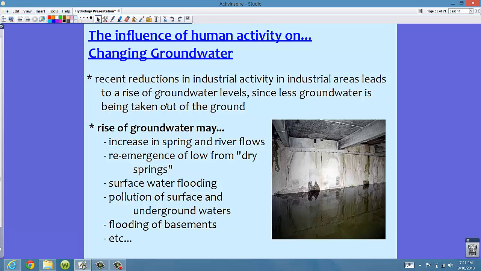It's great that the groundwater stores in these areas are rising, but there's an increase in the spring and river flows around these areas. Perhaps these were already dried up and now they're being used for something else, but with higher levels of groundwater, these springs and rivers are coming back. So they're beginning to flow once again.